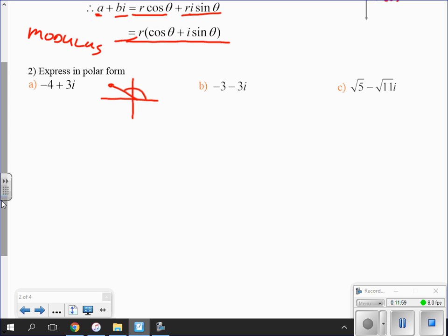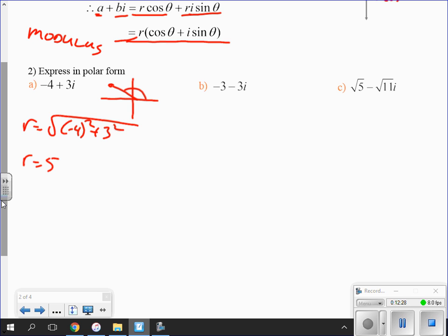R is the modulus. That's not a problem. We do that to find our r. So what's our r? 5. Yeah, 3, 4, 5.